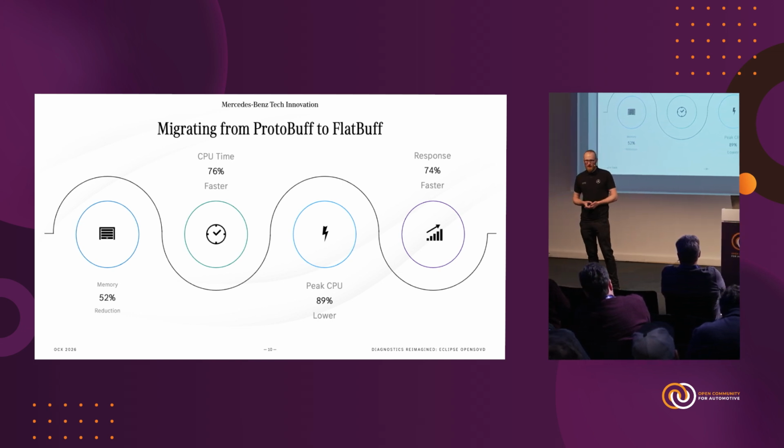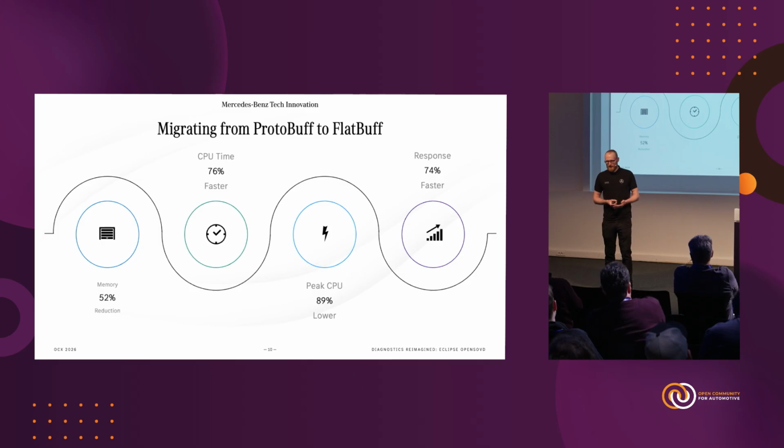Our CPU time is 76% faster. The peak CPU is 89% faster, and the response time, which means from the SOVD request to the UDS request and the response and back to the HTTP response, was 74% faster. So that's quite substantial by only replacing the serialization format.